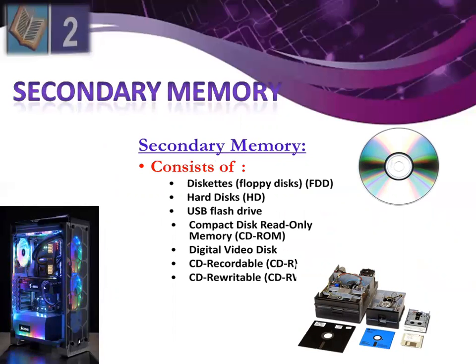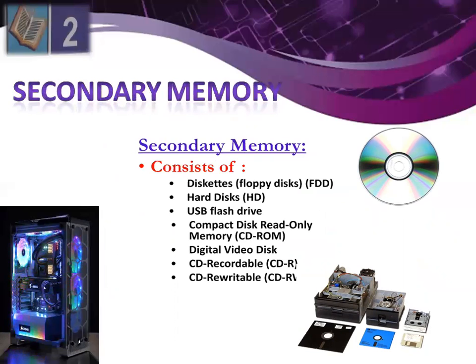We can use diskettes, floppy disk, FDD, floppy disk drive, hard disk, sometimes called HD, and sometimes HDD, hard disk drive, USB flash drive, compact disc read-only memory, CD-ROM, digital video disc, CD recordable, CD-R, and CD rewritable, CD-RW. So these are the types of secondary memory we can use to store our data permanently.